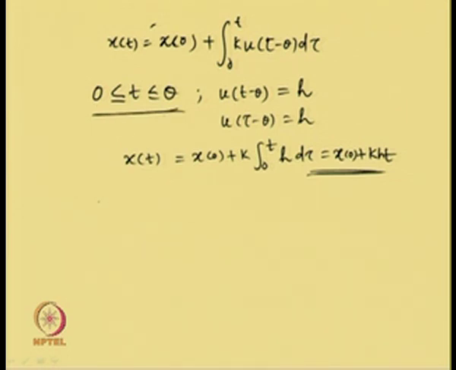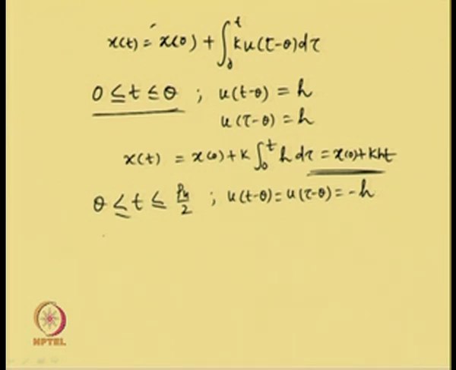Similarly, when the time is between θ to Pu/2, at that time the input u(τ - θ) is equal to -h.